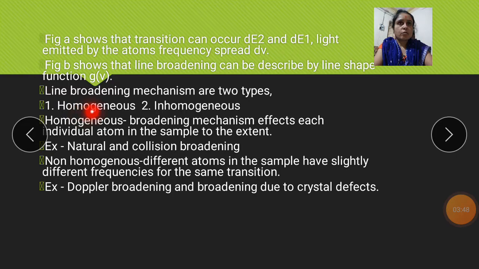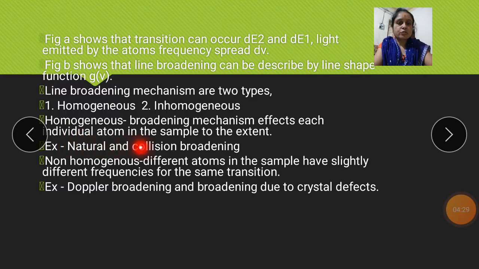Line broadening mechanisms are of two types: first, homogeneous, and second, inhomogeneous. If the broadening mechanism affects each individual atom of the sample to the same extent, it is known as a homogeneous mechanism.